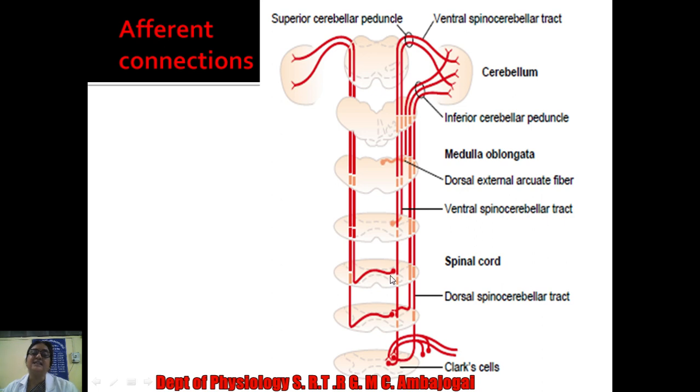All the sensory information is collected in the cerebellum. So both are sensory tracts, but the ventral spinocerebellar tract sends the motor efference copy of the signal, and the dorsal spinocerebellar tract mainly conveys the sensory information.